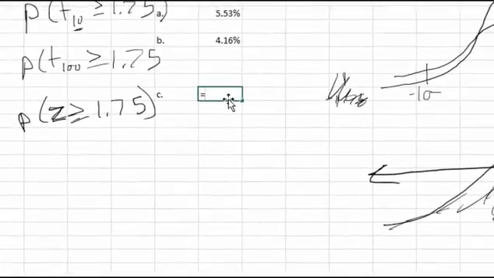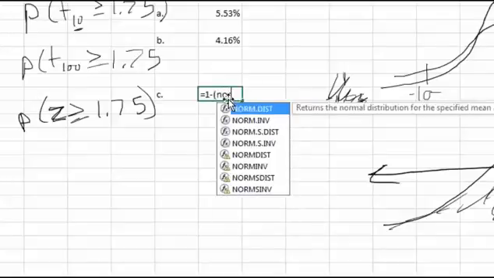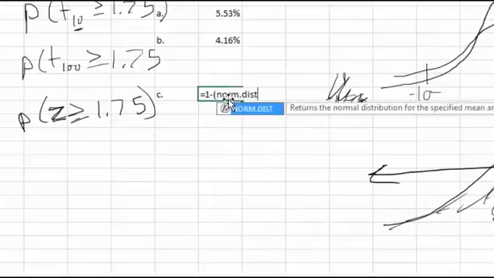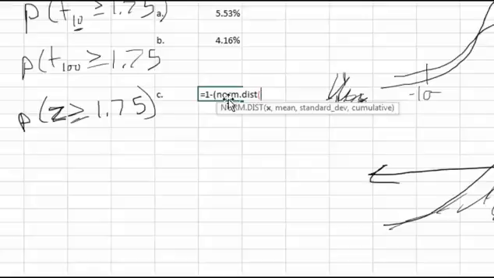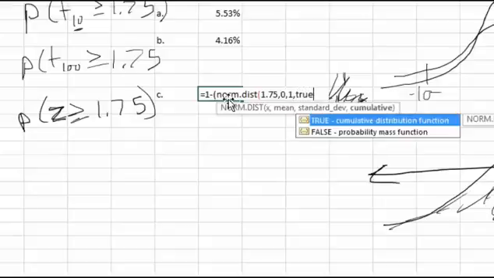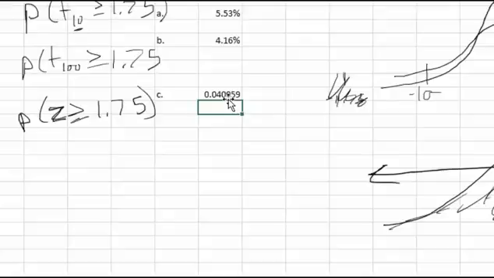So I'm going to do 1 minus parentheses norm.dist, the x is 1.75. Now, what's my mean here? I'm already in a standard normal, so my mean is 0. Standard deviation is 1, right? And then true for the cumulative probability, close parentheses: 0.04.